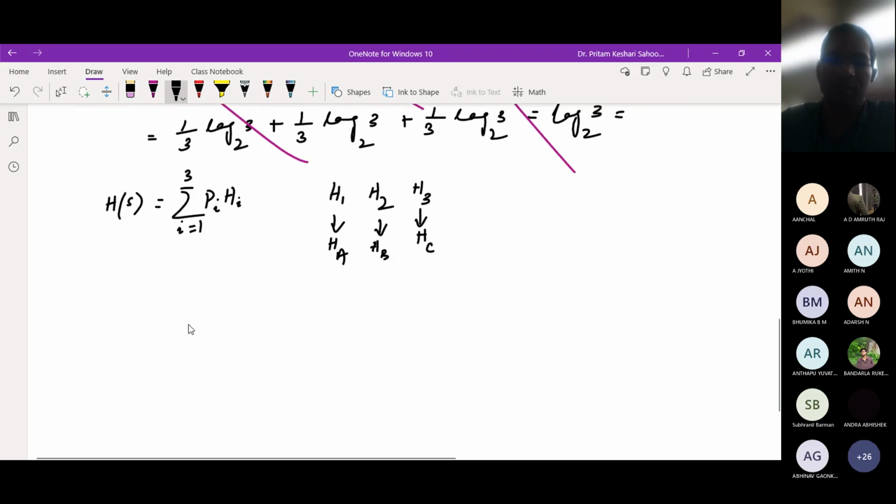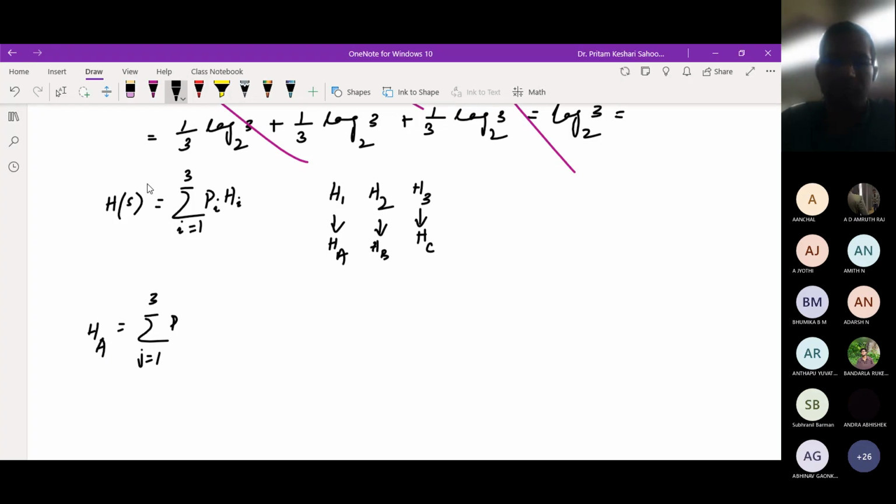So how can we calculate the value of HA? HA can be written like this: the summation over j equal to 1, 2, 3, because you have a total of 3 states in this example, of P of ij.